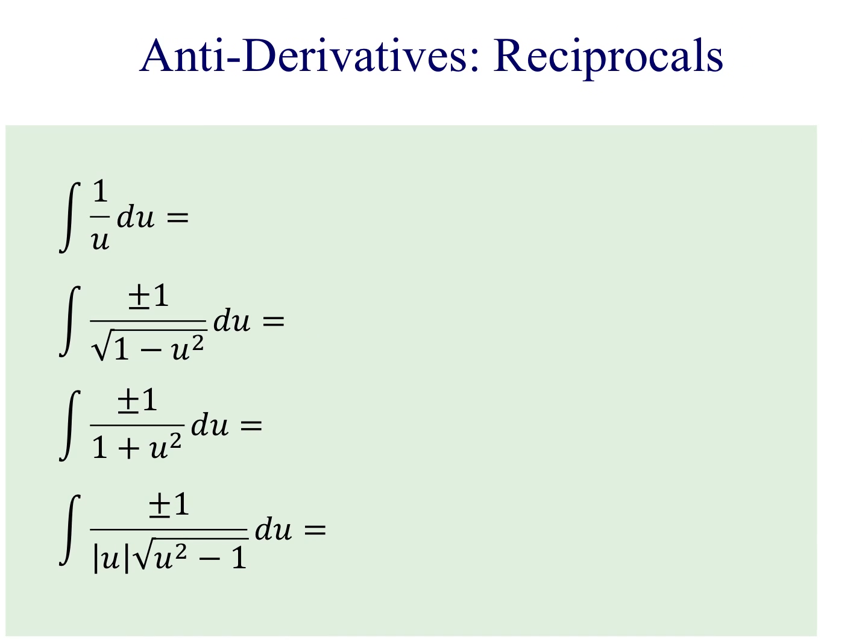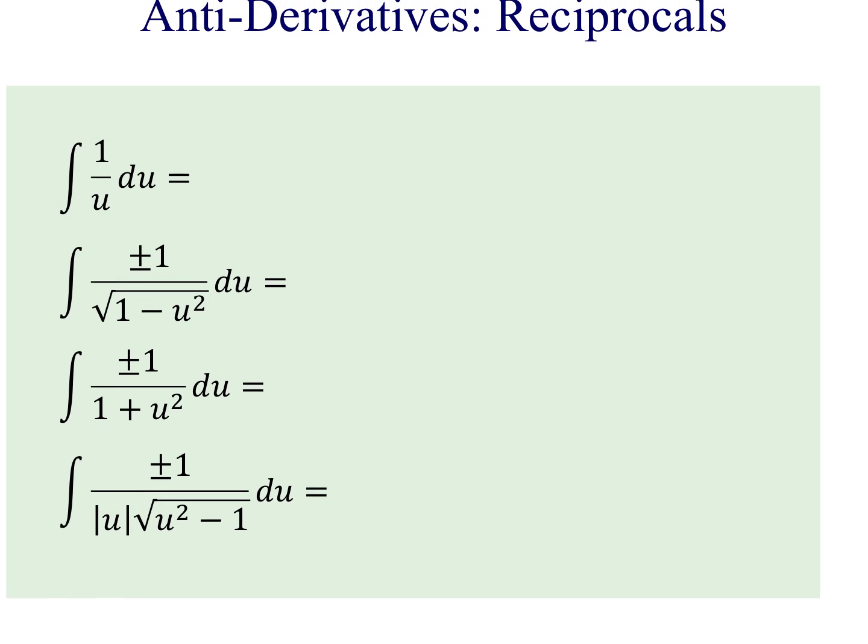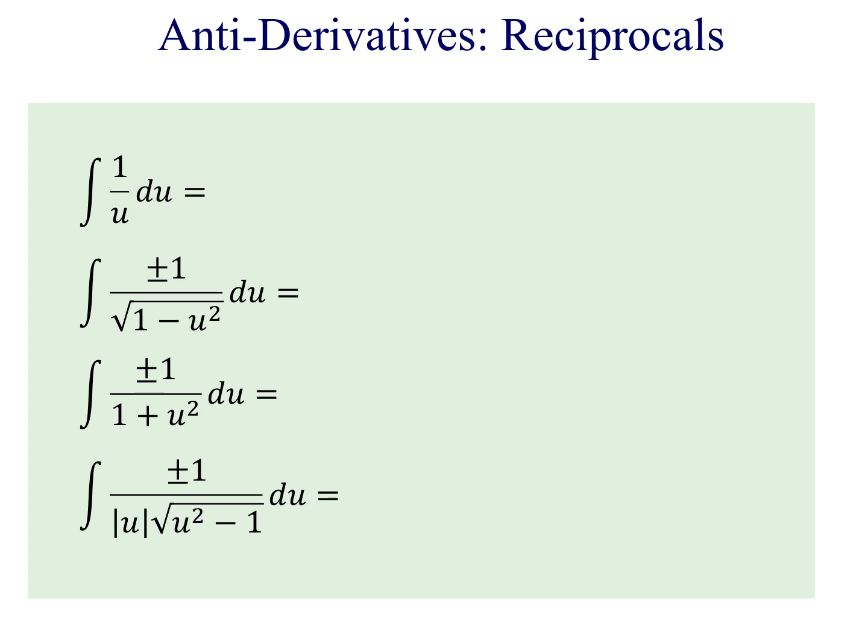Okay, here are the 1/overs. Most of the time, these 1/overs have an antiderivative that's linked to them. We've already seen 1/u du, because that is u to the -1 du, and that's the one that would result in the natural log of u, absolute value, plus c. The other ones that are 1/overs, if they match the format, are going to be an inverse trig. So what's that first one with the square root of 1 minus u squared?